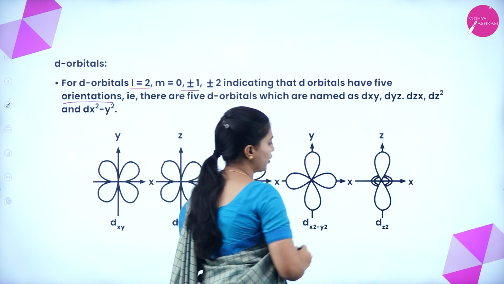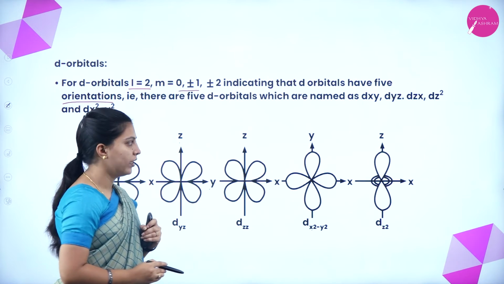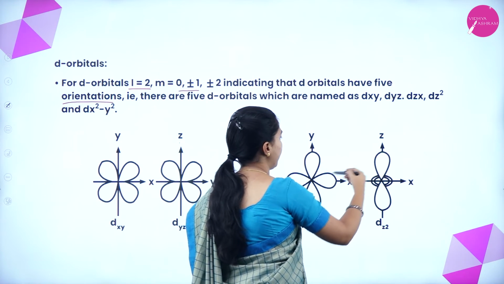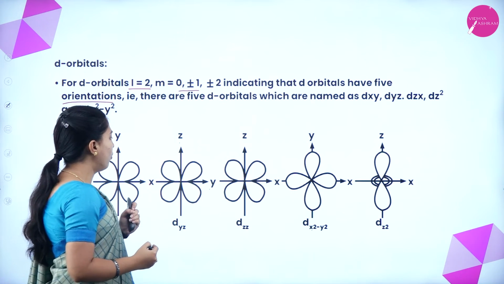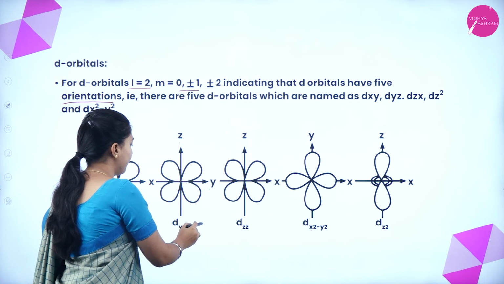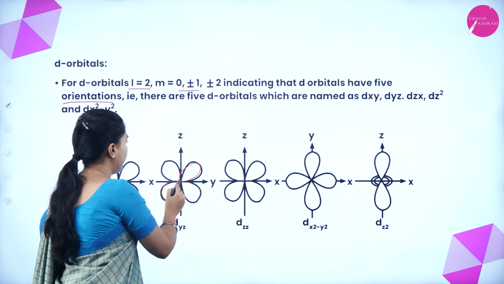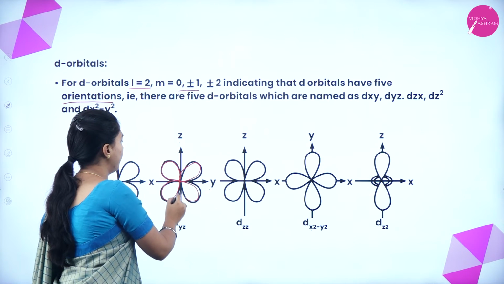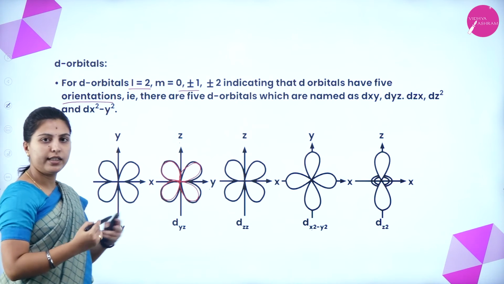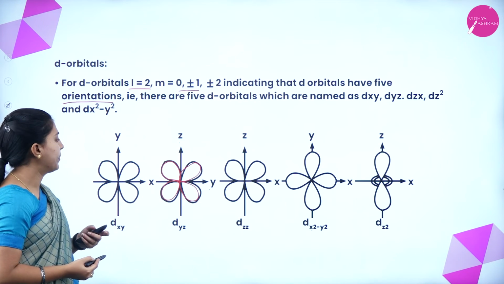Here dz square will be in a ring shape. Overall this looks like a double dumbbell shape, 1 dumbbell, 2 dumbbell.